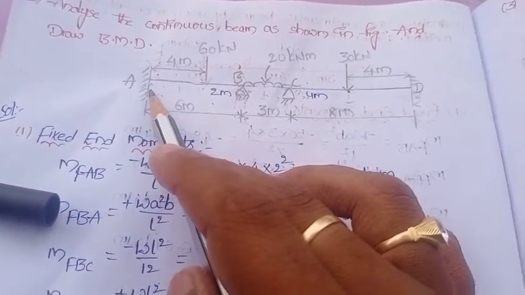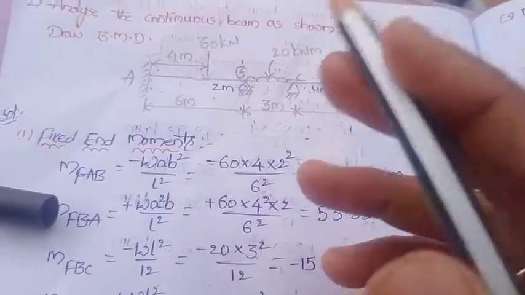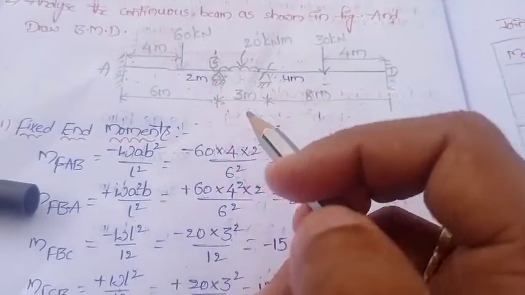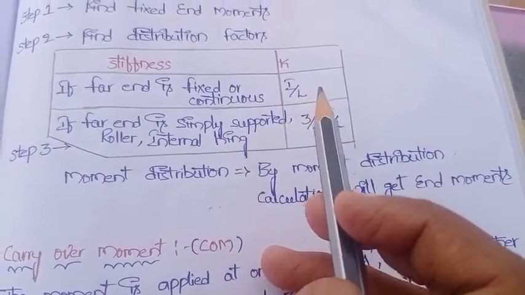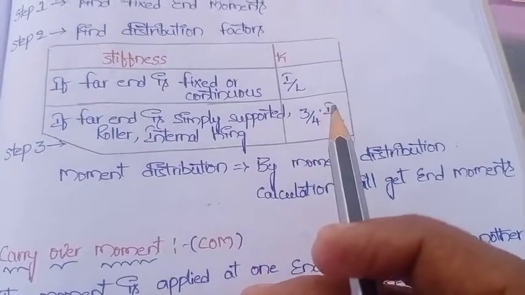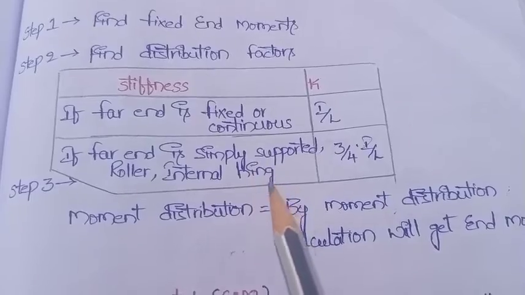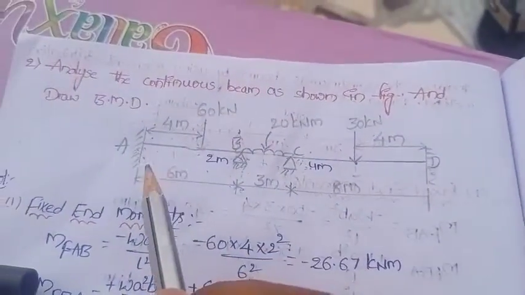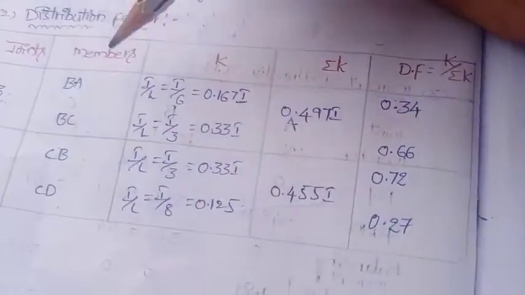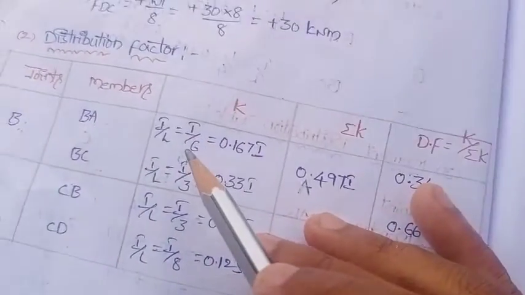As per the moment distribution method, if the far end is fixed or continuous, the stiffness K equals I by L. If the far end is simply supported, roller or internal hinge, the stiffness K equals 3 by 4 into I by L. Here in this problem, the far end is fixed, so the stiffness K equals I by L.